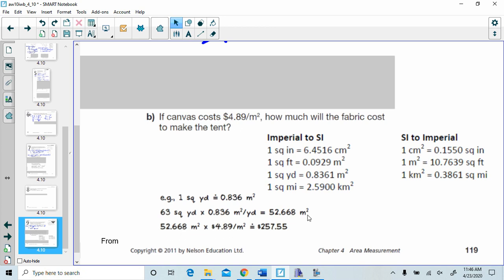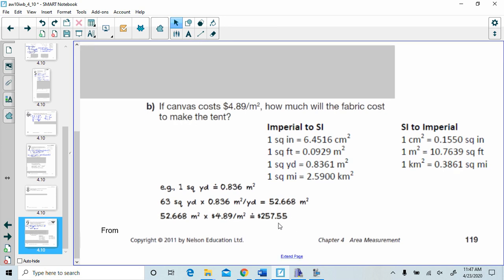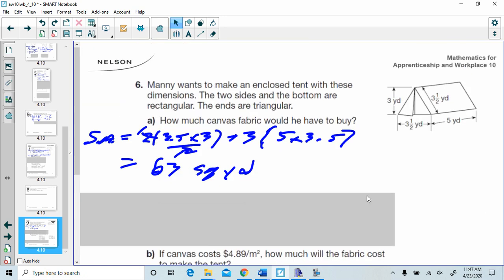So we multiply that to convert it to meters squared. So we get 52.668 meters squared, and then take into account the dollar amount. So 52.668 times 4.89 per meter squared, and that'll get you about $257.55. And that's the cost to make a tent or create a tent with that canvas covering an area of 63 square yards.